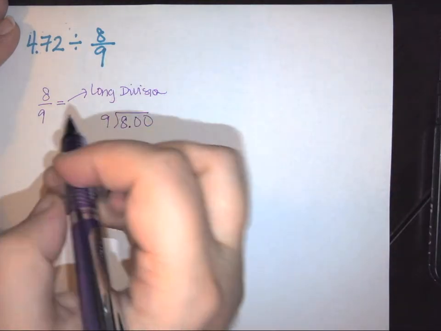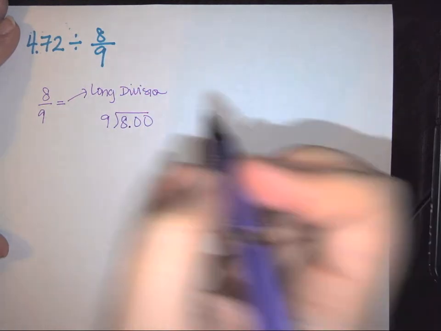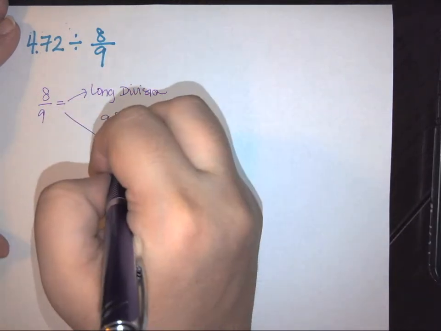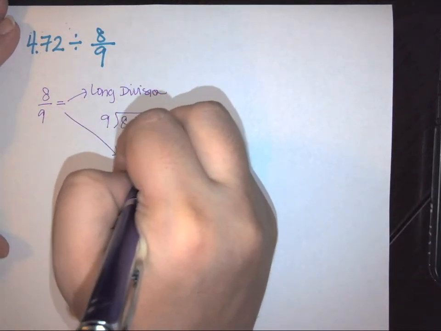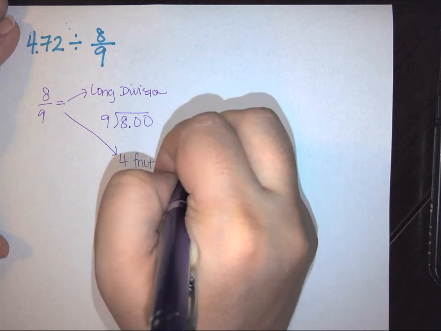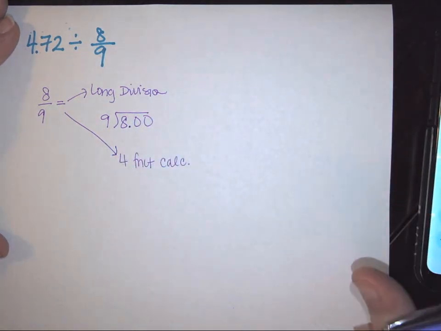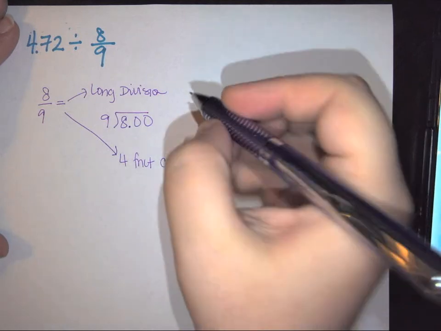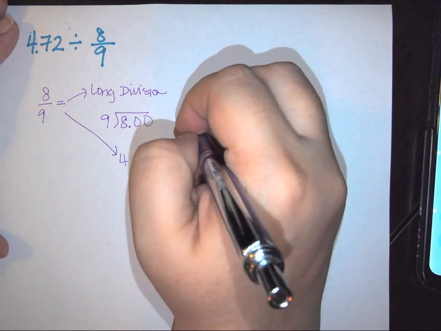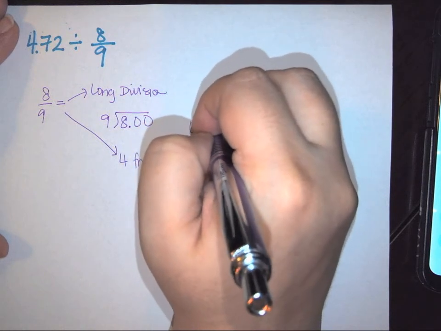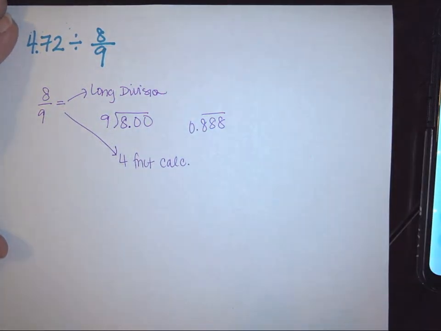Otherwise, you can use your 4-function calculator. So regardless of what you do, you've got 8 divided by 9, which is going to give you 0.888 repeating. Okay?